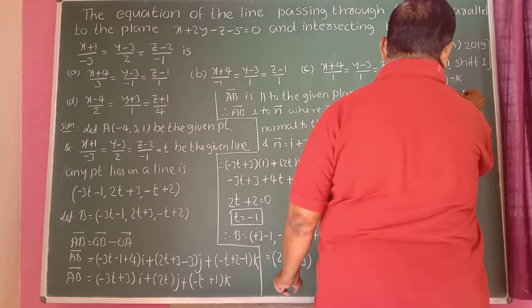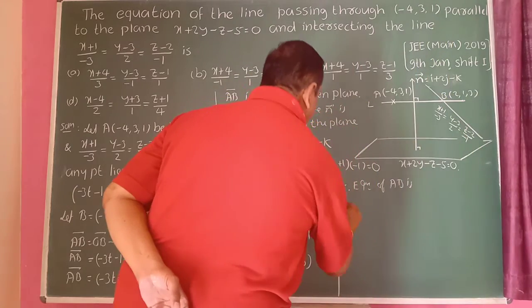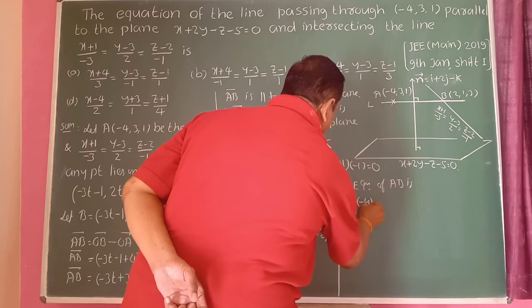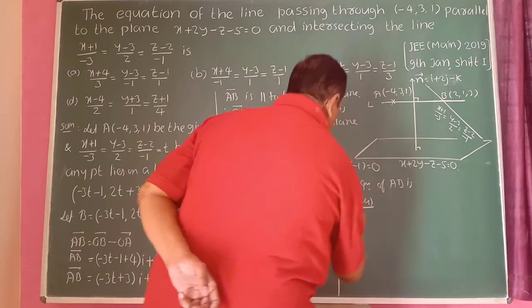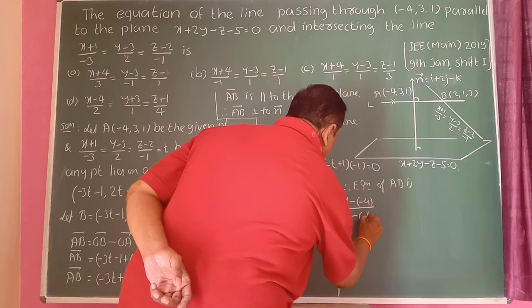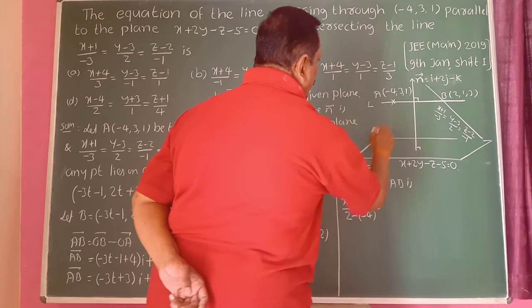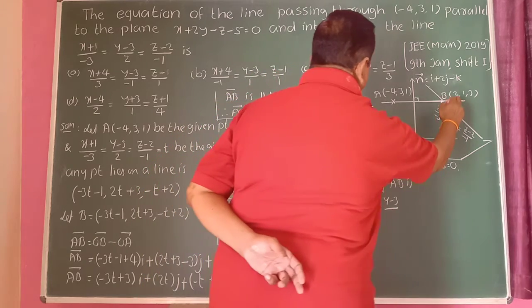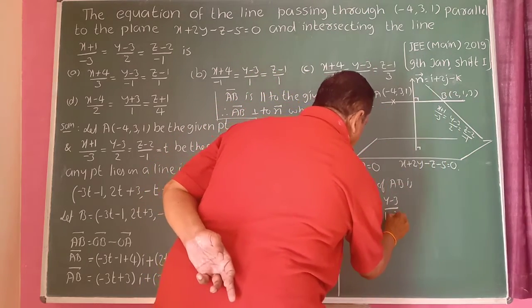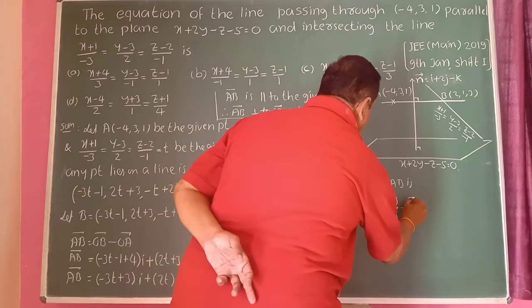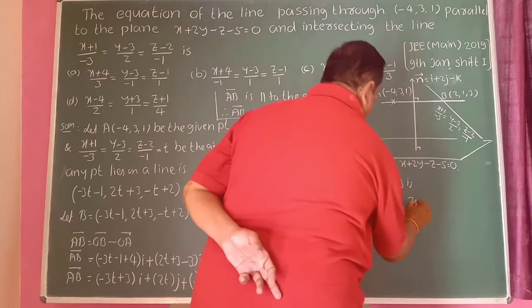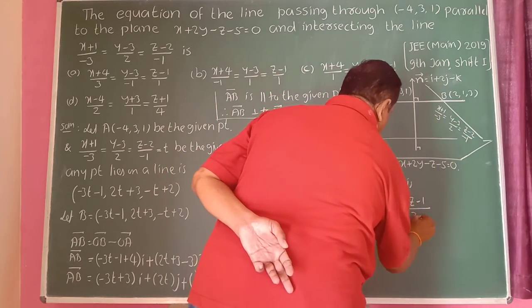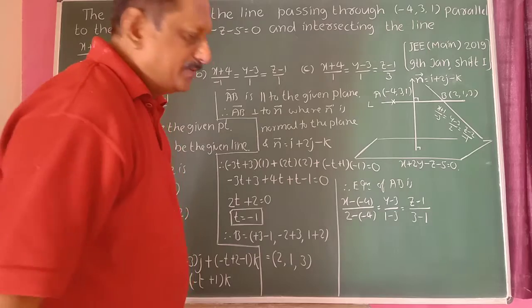Using the two-point formula, (x + 4)/(2 + 4) = (y - 3)/(1 - 3) = (z - 1)/(3 - 1).